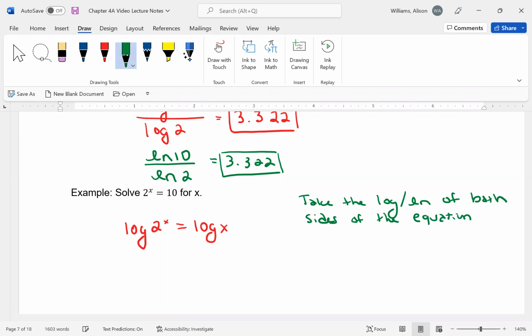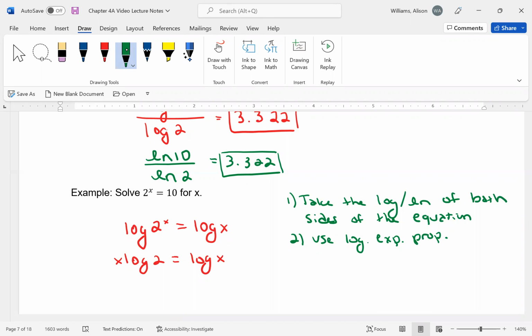And what that allows me to do then is to take the exponent that's on the 2 and bring it to the front using that property for exponents. Use the log exponent property. And here I'm going to abbreviate that entire sentence: use log x prop.